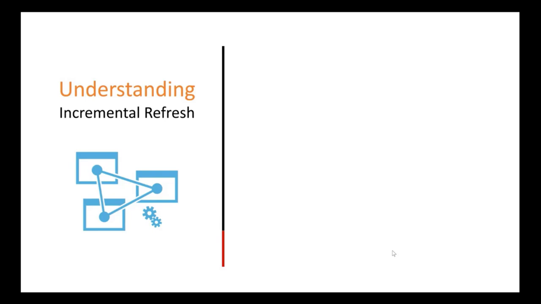So considering this fact, Microsoft gave us a facility called incremental refresh with Power BI. It basically allows you to refresh only records for a certain number of days. For example, now you loaded 10 million records to your dataset. It has been published to the Power BI service, and all users connect with your Power BI service and see reports.